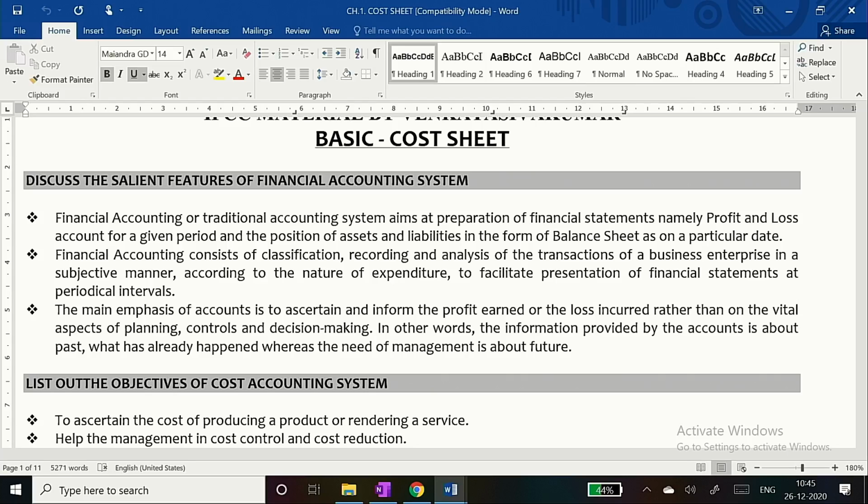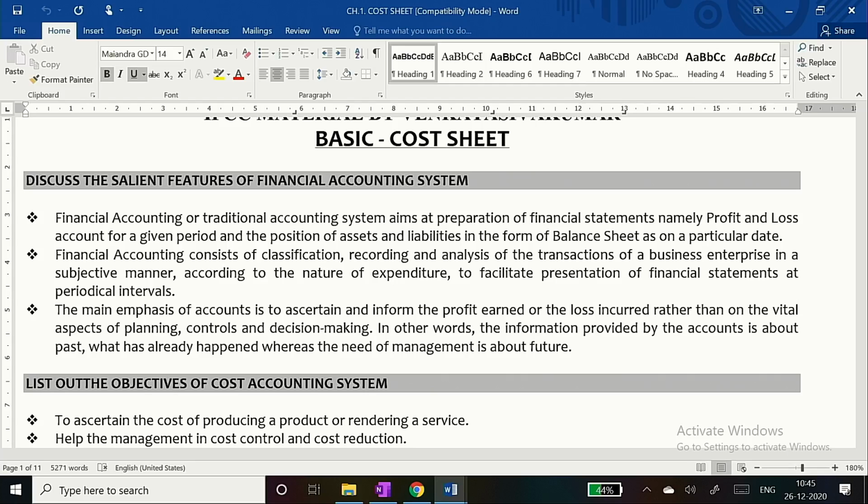Whereas costing is about future. Estimation. Costing is estimation, accounts is actuals. If I say profit as per accounts means it is actual profit. If I say profit as per cost accounts, it means estimated profit.